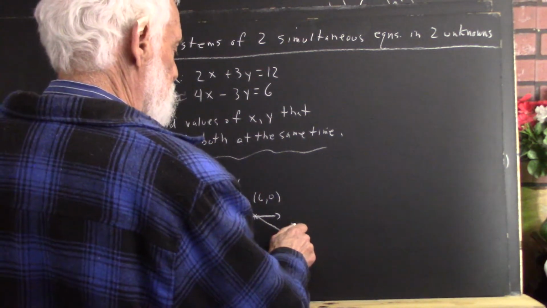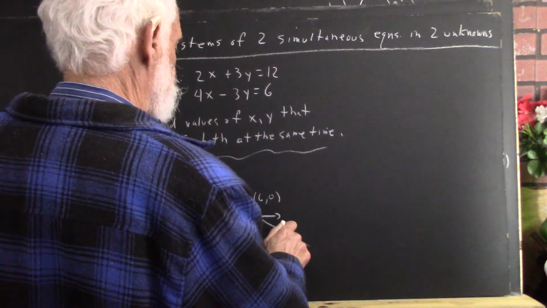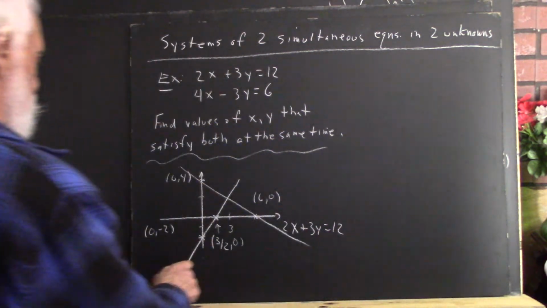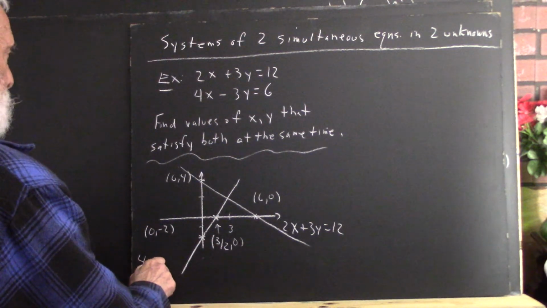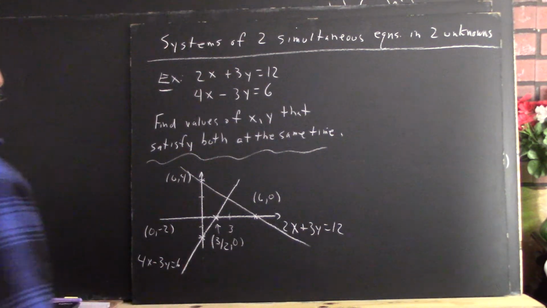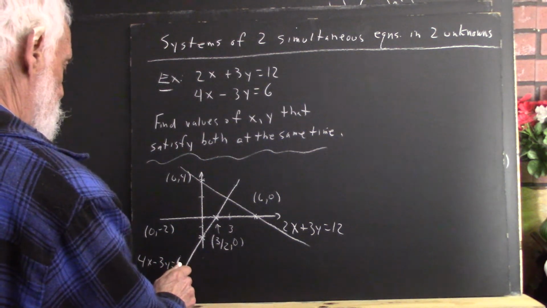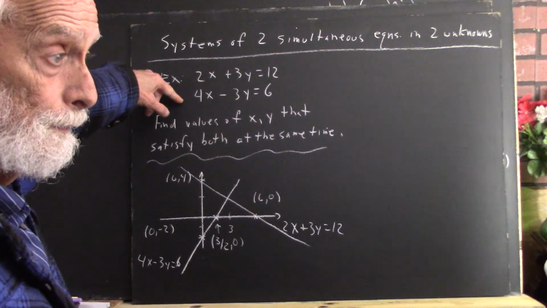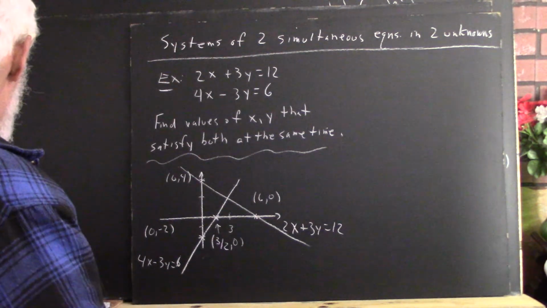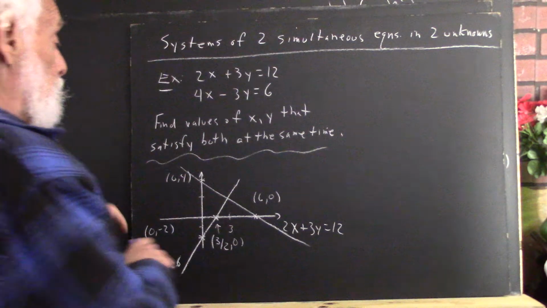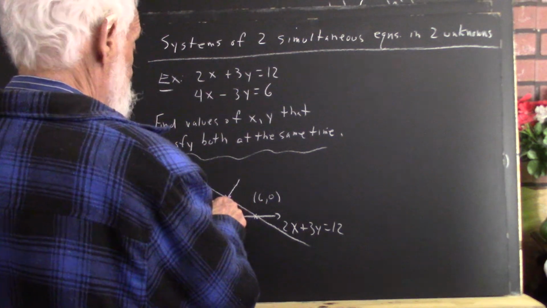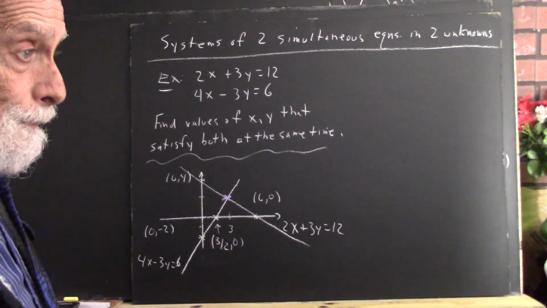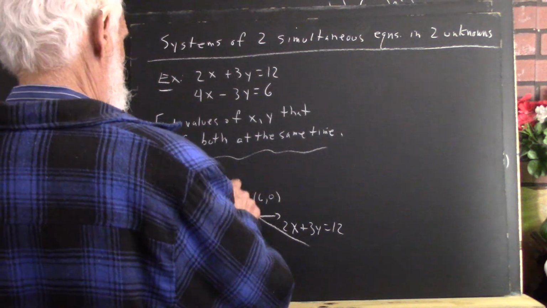So this is the graph of 2x plus 3y equals 12. And this is the graph of 4x minus 3y equals 6. Every point on this line satisfies this equation. Well, this point is on both lines, so its coordinates satisfy this equation and this equation.